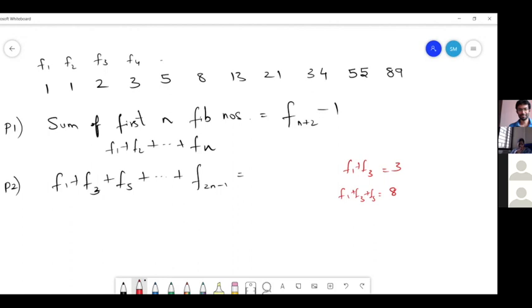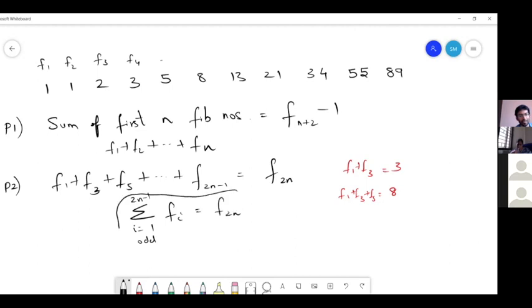Sigma F(2n-1) is equal to F(2n). Nice. So in mathematical notation, as Shankar is saying, the sum of F(i) for i going from 1 to 2n-1 is nothing but F(2n). This is another property that we saw.